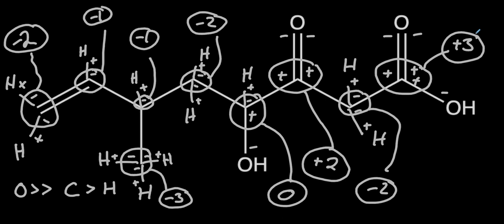So notice there's a whole variety of different oxidation states here. And you'll notice that there are 2 that stand out. We've got these ones that are +3 and +2. And that implies that there is a partial positive charge on those carbons. And you'd expect that, since this is an electron withdrawing atom here.